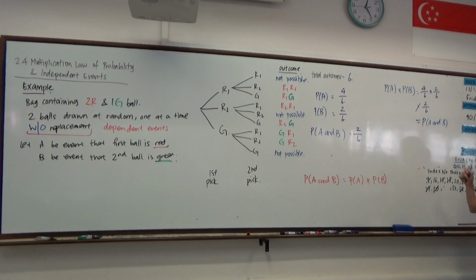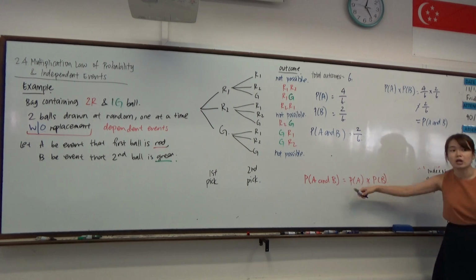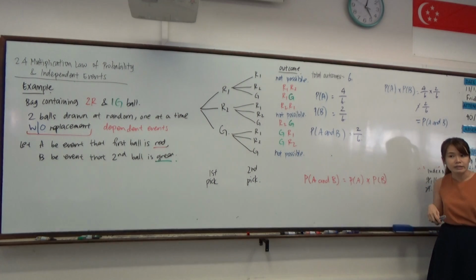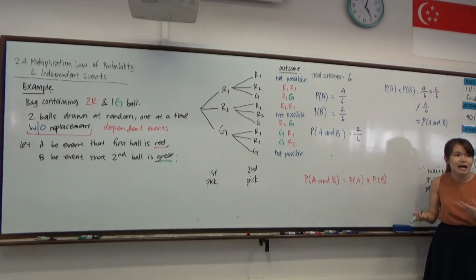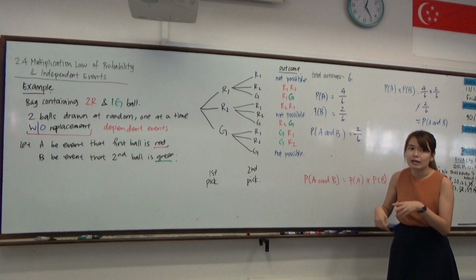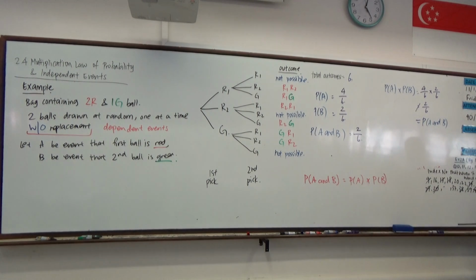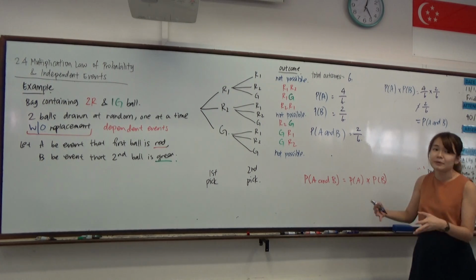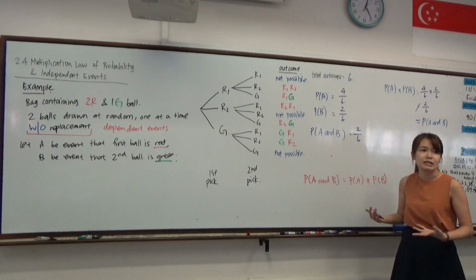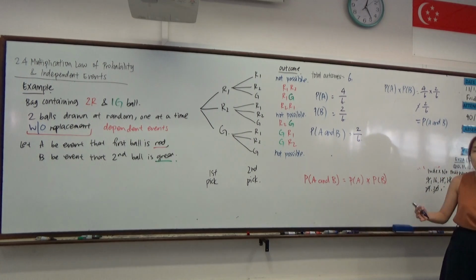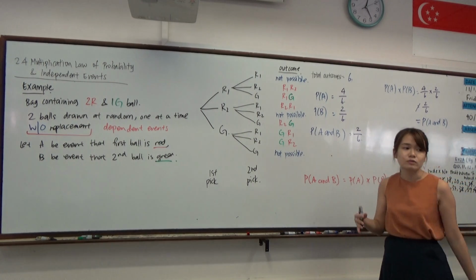For dependent events, this will not happen. You cannot do it this way. So how do we do it for dependent events? Later on when we do more questions, I will talk more about it. For now, we just understand that the multiplication law is only for independent events, and the addition law only happens for mutually exclusive events.